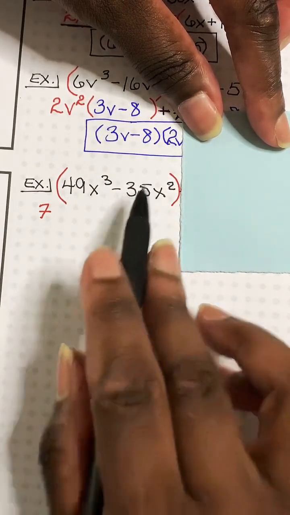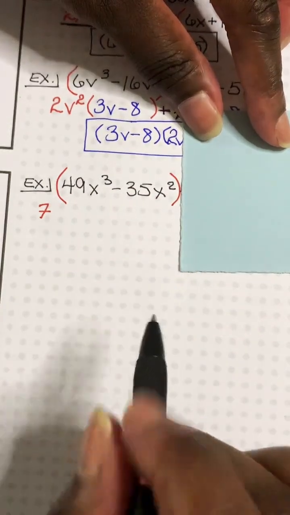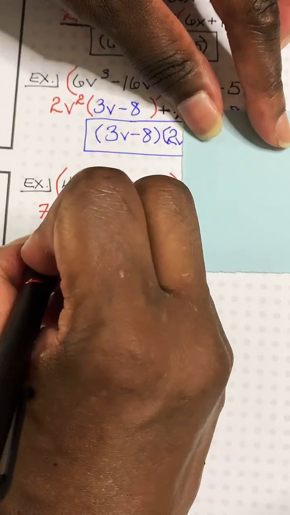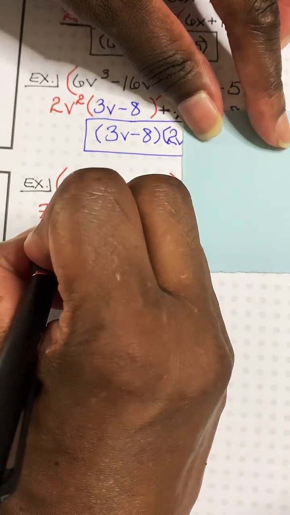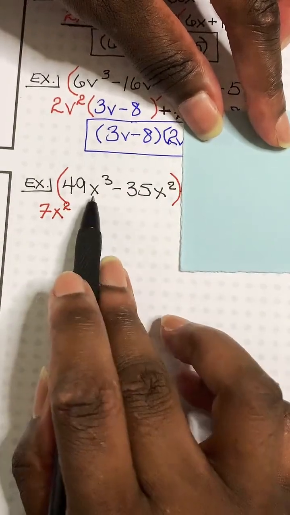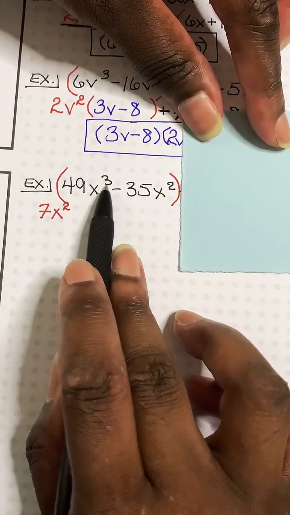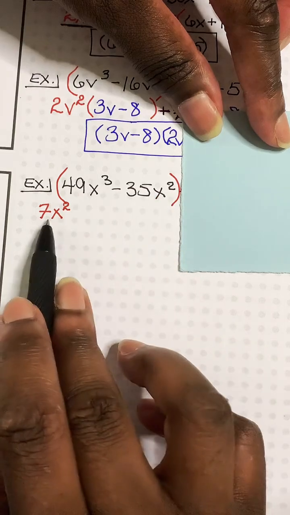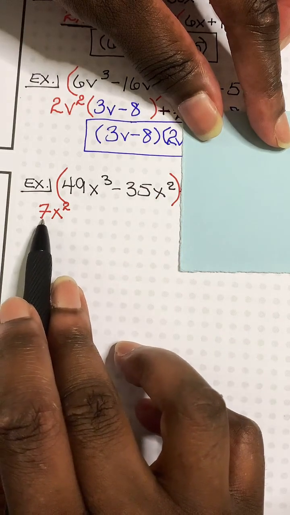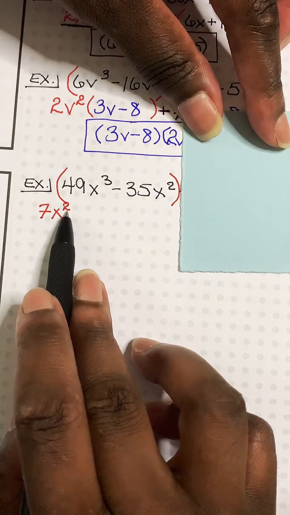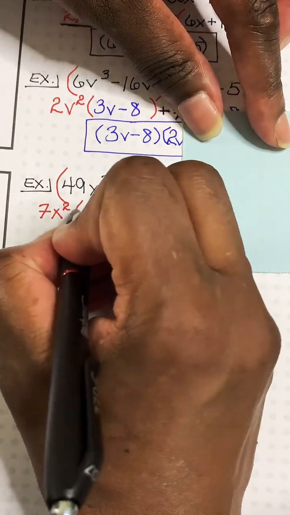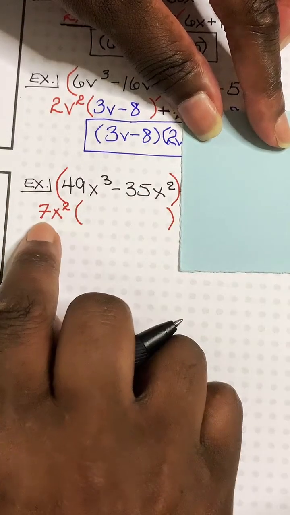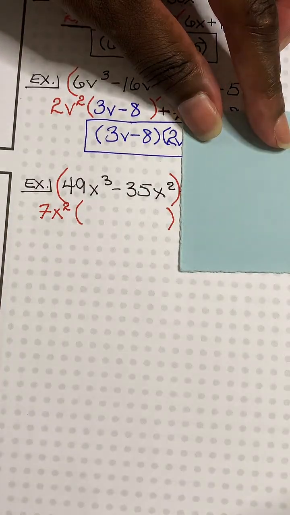So how many groups of x's do they have in common? It's going to be 2. Easiest way to remember is if they both have x's, always look for the one with the lowest exponent. So this is my GCF. That's 7x squared. So now I'm going to take the original parenthesis and divide it by my GCF.